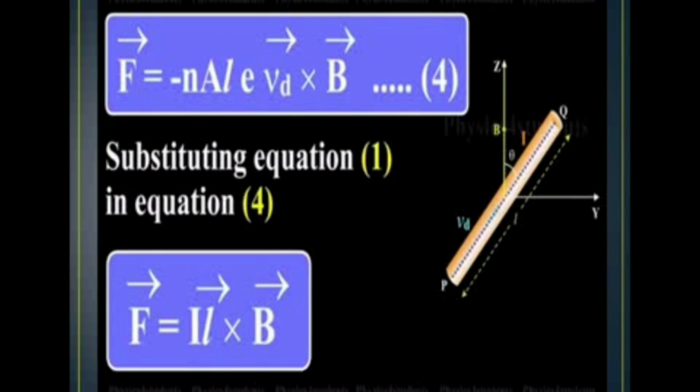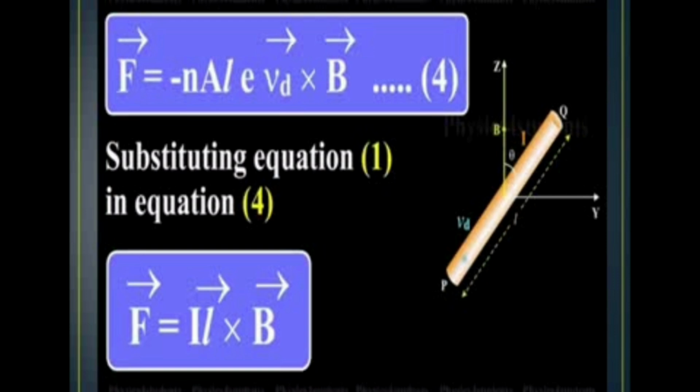Substituting equations 1 and 4, we get F equal to IL vector cross B vector. Instead of nAL E v_d, we can put IL. So F vector equals IL vector cross B vector. Since it is a cross product, we multiply by sin theta, so F is equal to BIL sin theta.